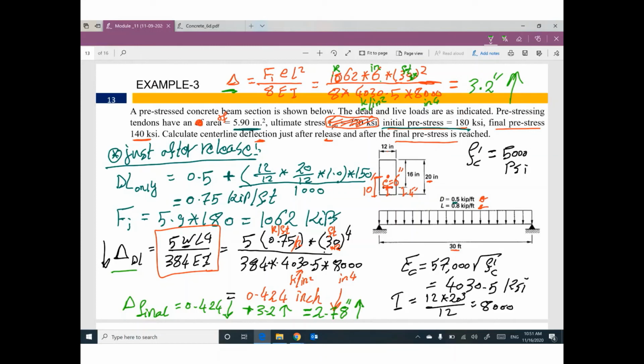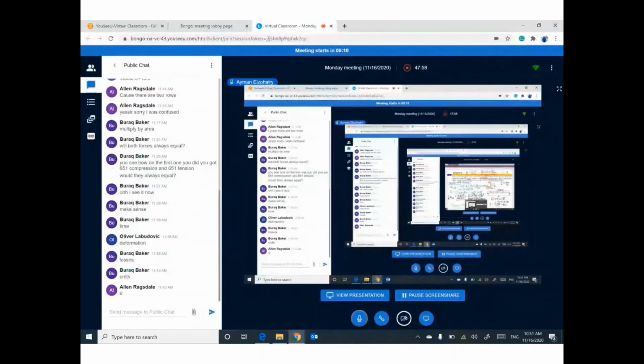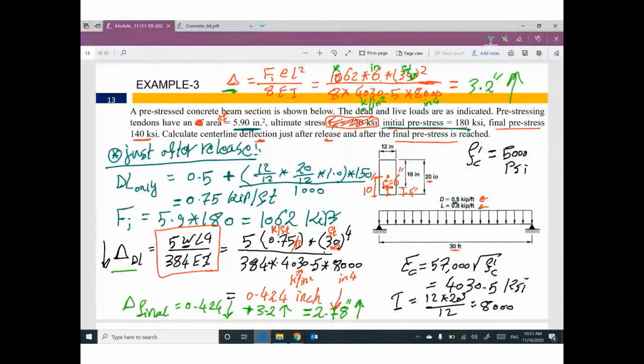Just after release, just after construction of pre-stressing, the beam will be cambered up by 2.78 inch. Any question so far? Looks good.